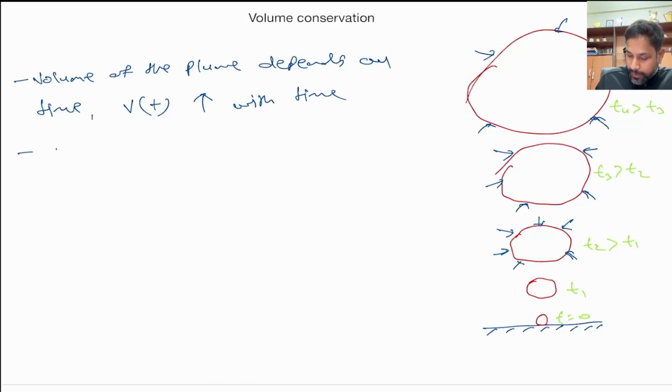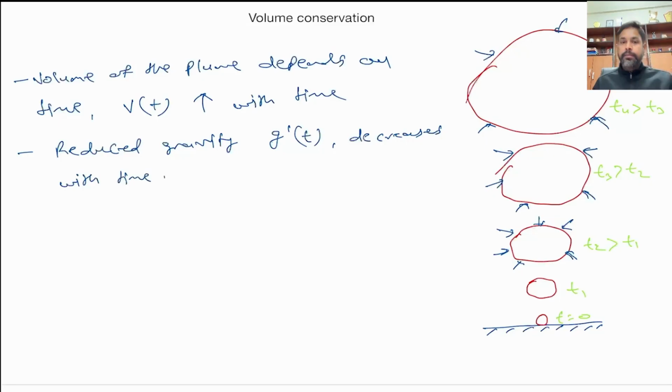Likewise, the reduced gravity, that is G prime, is also a function of time, and that decreases with time, right? So because of mixing, the volume is continuously increasing, and that is why the G prime of the plume is decreasing, right?